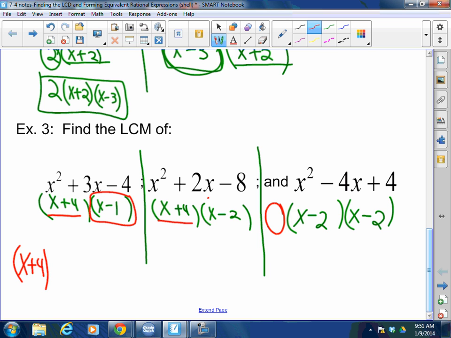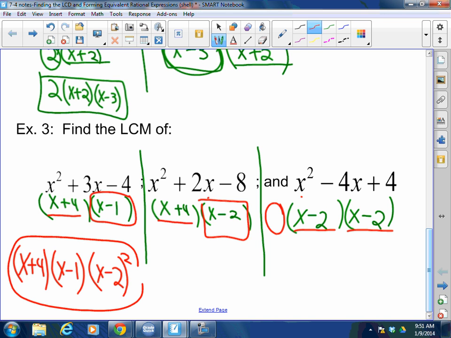I need an x minus 1 here and here, so x minus 1 is also part of my factors. I have an x minus 2 here, and then I have two x minus 2's here. So I need x minus 2 squared. It doesn't matter if you put it first or second or third.